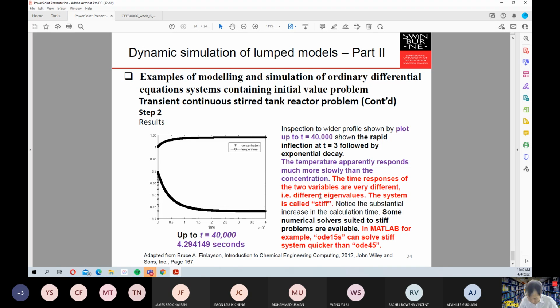Okay, so up to week 6, I can say that this will be the final lecture for this week, and we are basically already finishing half of this process modeling. We have discussed the lumped model, how to develop the lumped model, which is the easiest model in chemical engineering. We have also discussed how to solve analytically or numerically a steady-state lumped model and a dynamic lumped model.